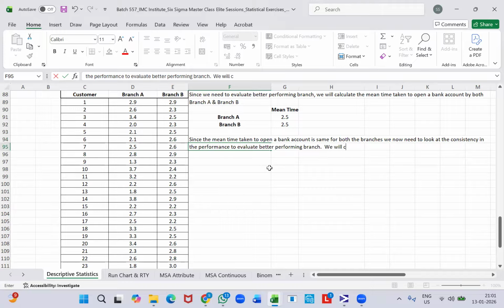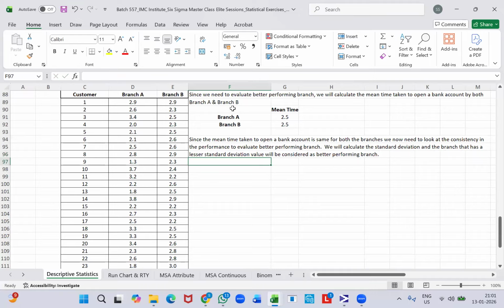So we will calculate the standard deviation, and the branch that has a lesser standard deviation value will be considered as the better performing branch, right?